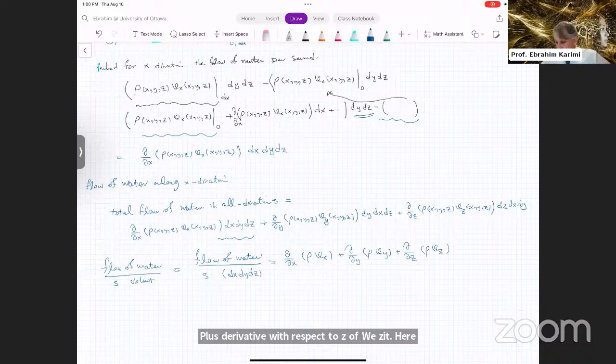Here, I just omit the functionality of rho and v for simplicity.